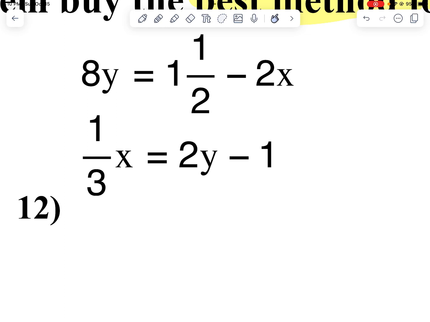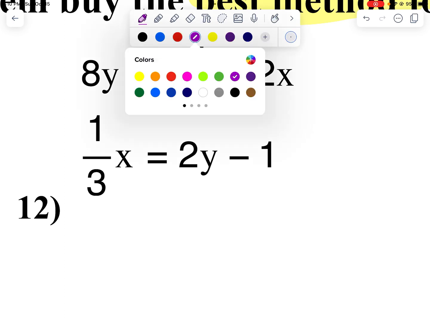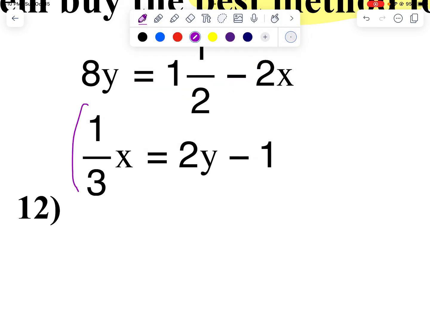So let's do this. Let's multiply the bottom equation by 3 so I get rid of my fraction. So we get 3x equals 6y minus 3. 3 times 2 is 6.